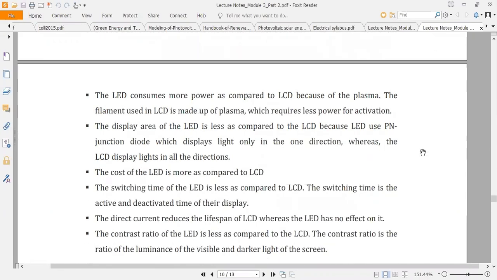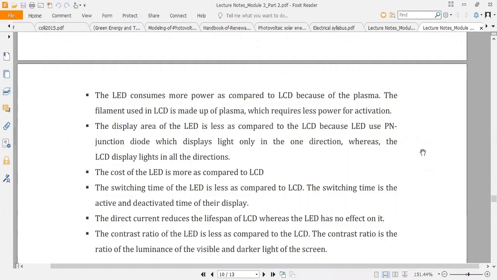Next point is the display area of LED is less as compared to LCD, because in LED we are using PN junction diode, okay, which display light only in one direction. Okay, so it is focused. Its focus is in a particular direction, whereas LCD display light in all directions.